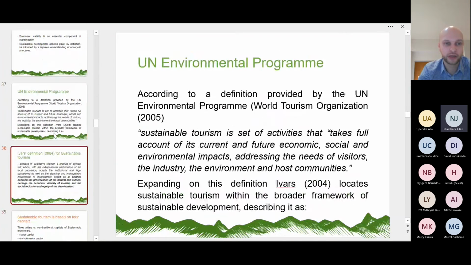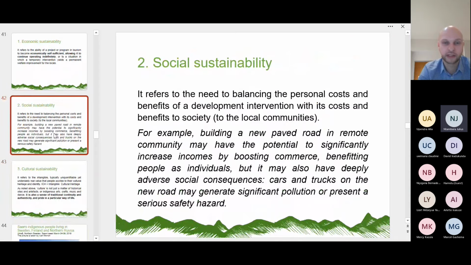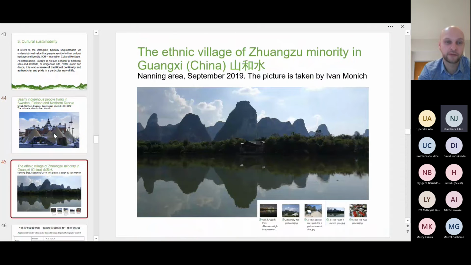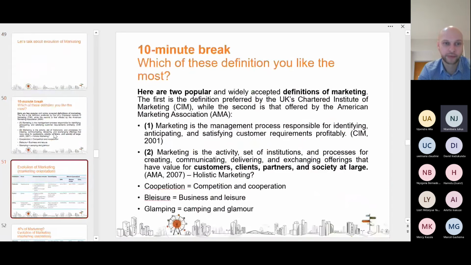And then we reviewed the evolution of marketing, starting from product orientation and proceeding to sustainable marketing. And then we found the common features of sustainable tourism and sustainable marketing.